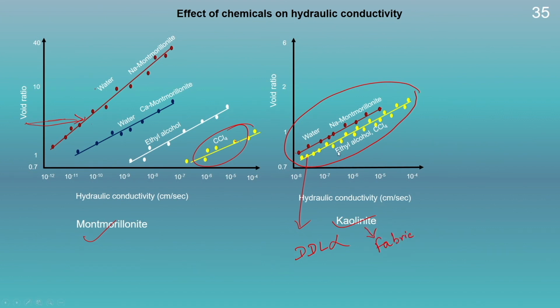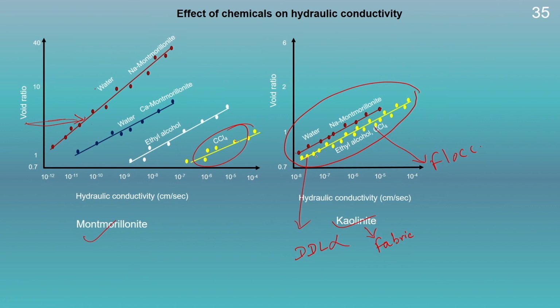As we decrease the dielectric constant, the net attractive forces between the particles will increase, and that will lead to a flocculated structure. As the structure becomes flocculated, the hydraulic conductivity will increase.